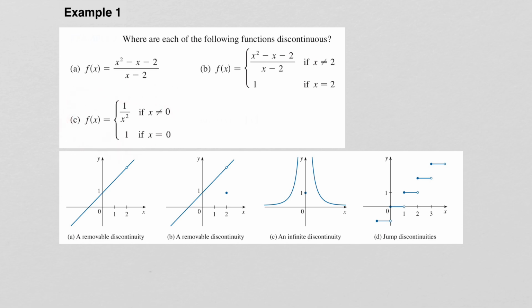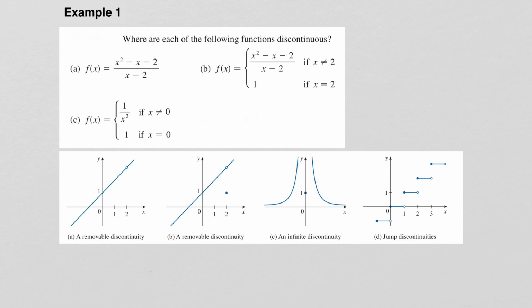In the third function, you can see that as x gets closer to 0, the function is going to infinity. And so even though f of 0 is equal to 1, the limit does not exist, and therefore we have a discontinuity there. And this is called an infinite discontinuity because we have an asymptote here, and the function is going to infinity there.